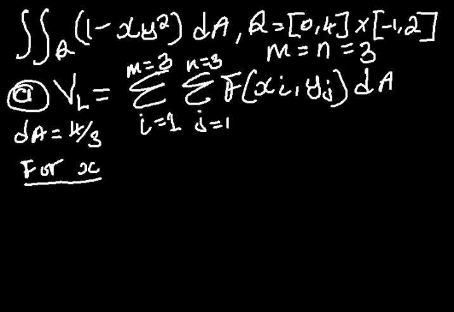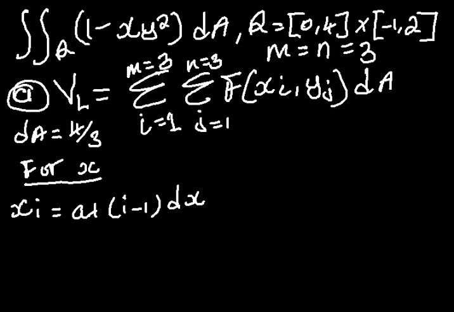Since we are taking the samples to be lower left corner, the formula for the sample points is xi equals a plus (i minus 1) times dx.